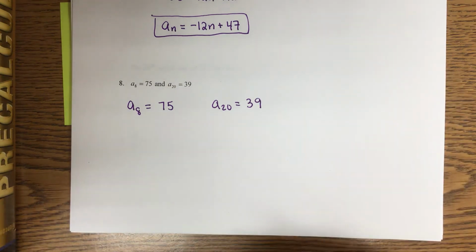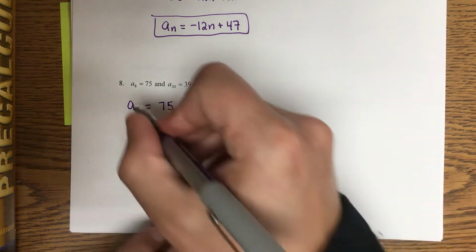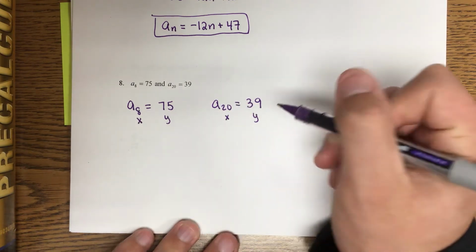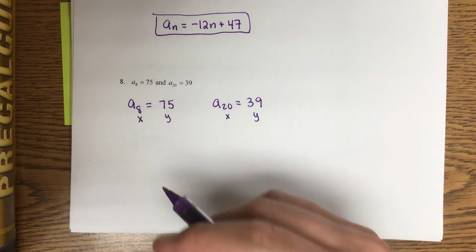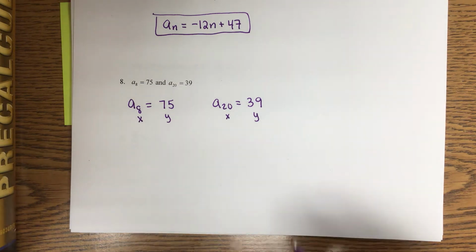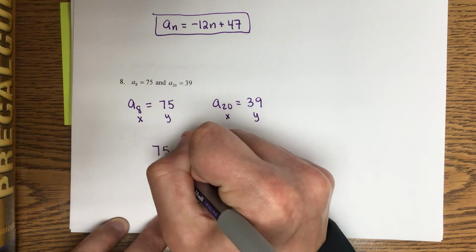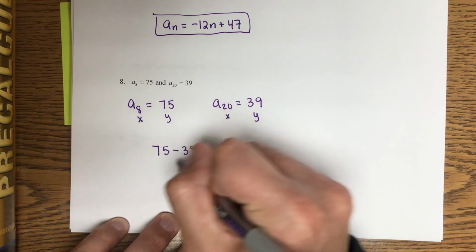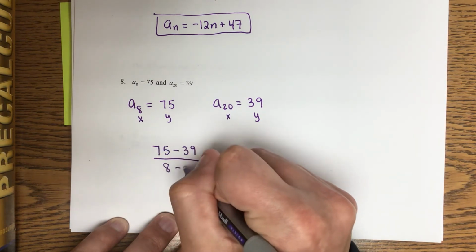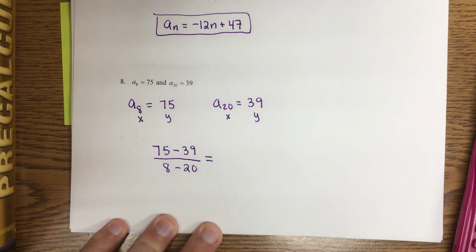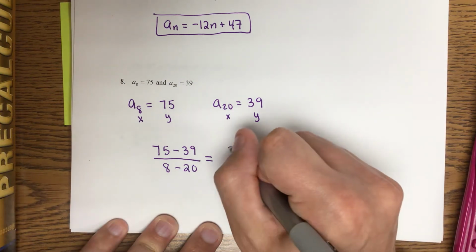You've done problems similar to this, but not in relation to sequences. Think about finding the slope between 2 points, right? So we know that if I wanted to find the slope between 2 points, I could take y minus y over x minus x. And so if I take 75 minus 39, I get 36.